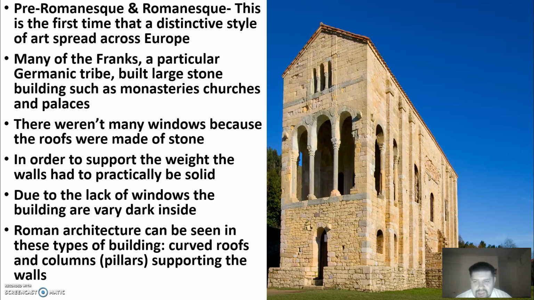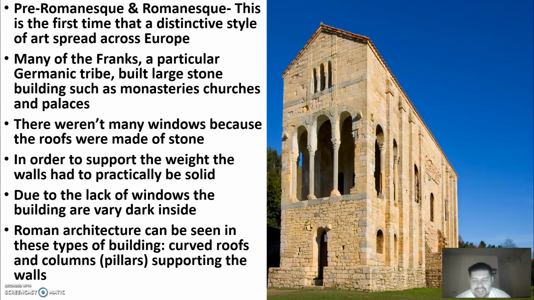There were the Goths, and another group called the Franks, and several other ones. We're going to talk about the Franks for a little bit, because they would build these large stone buildings, basically for monasteries, churches, and palaces. A huge percentage of them at that time, the pre-Romanesque, were made of only stone.